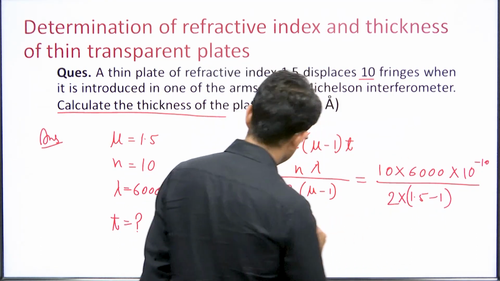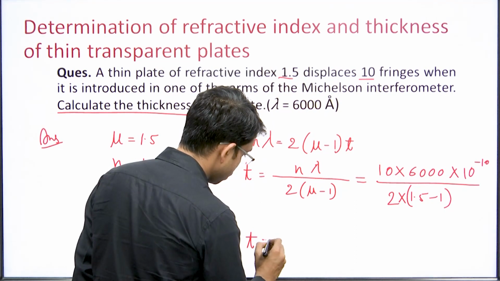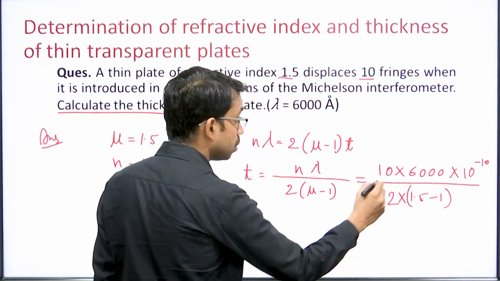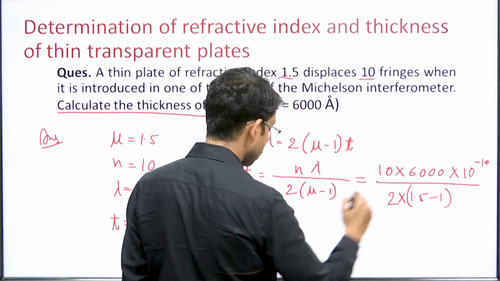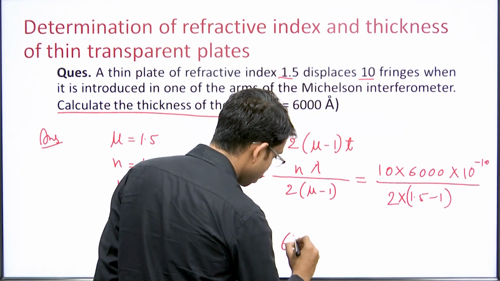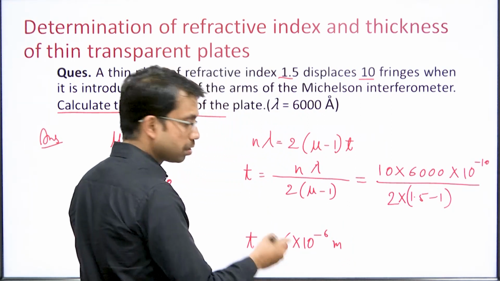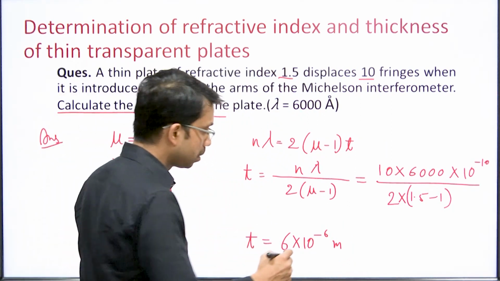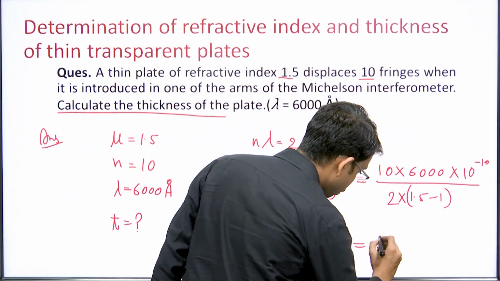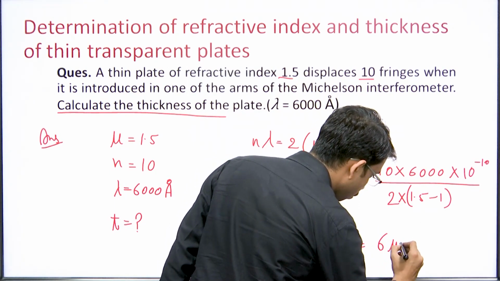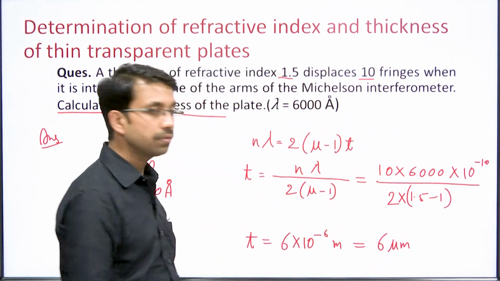So, what is this? Thickness is 6 into 10 to the power minus 6 meters. This is the thickness of thin transparent plate. We can also write it in another unit, that is 6 micrometer. Okay.